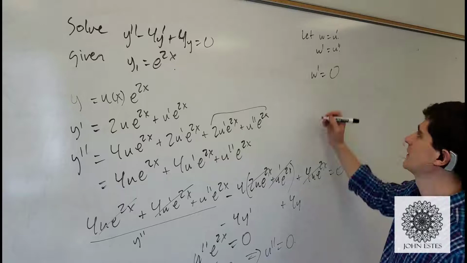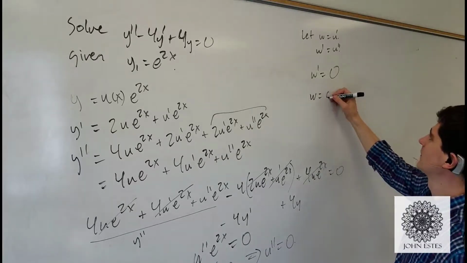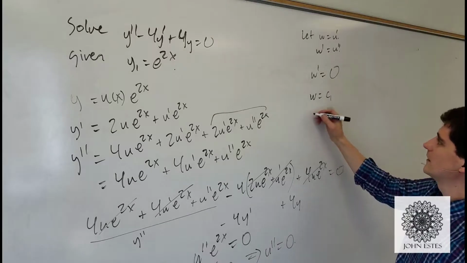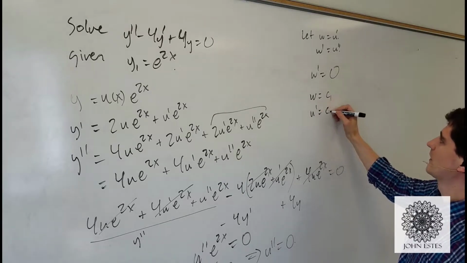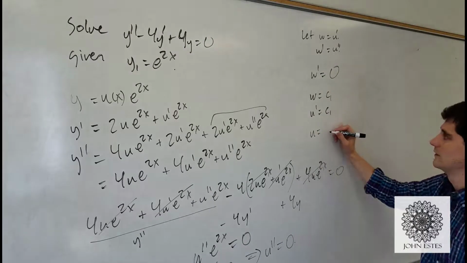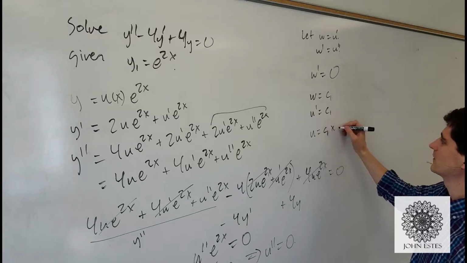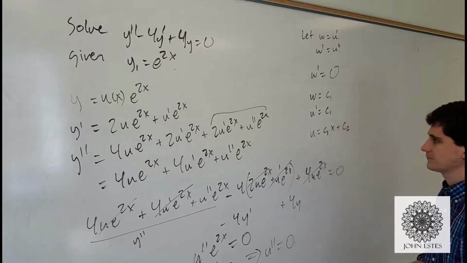So when I integrate both sides, I end up with w is the integral of 0. That's going to be a constant. And then, remember that's u prime. So when I integrate again, u is going to be the integral of c1 with respect to x. That's c1x plus another constant.